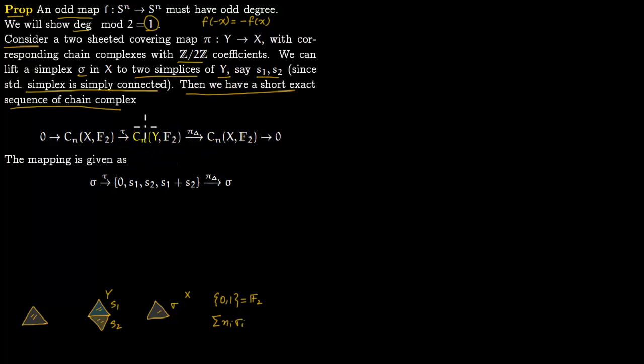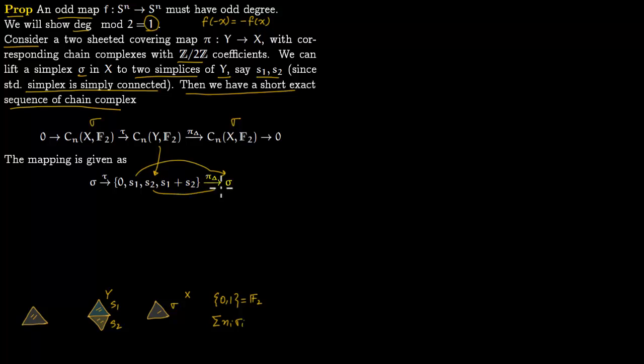The reason you have the short exact sequence is this: if you have s1 and s2 here and the coefficients are just in 0 and 1, then the only possibilities for this chain complex are 0, s1, s2, s1 plus s2, and for sigma here, 0 and sigma. Obviously we are lifting sigma to s1 and s2, so s1 and s2 both get mapped to sigma.